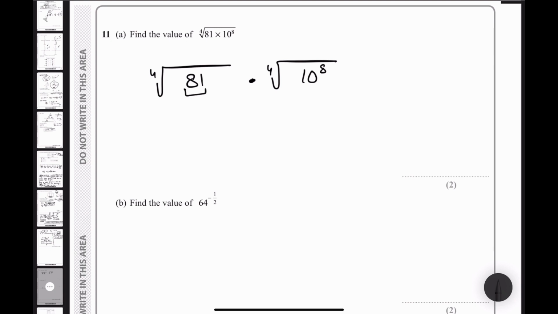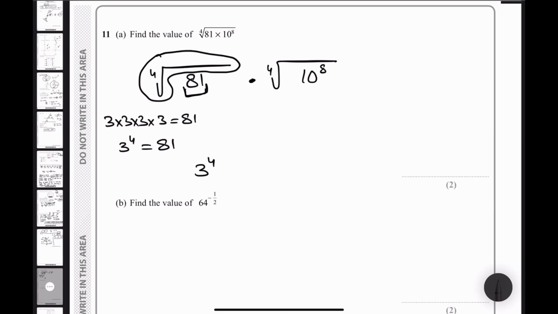Now 81 can be written as 3 to the power of 4. Why? Because 3 times 3 times 3 times 3 makes 81. So I'll write this 81 as 3 to the power of 4, and this root can be represented as bracket to the power of 1 over 4.